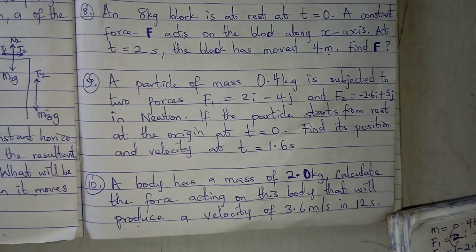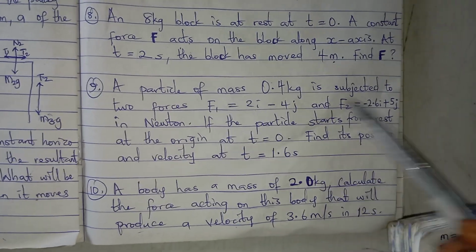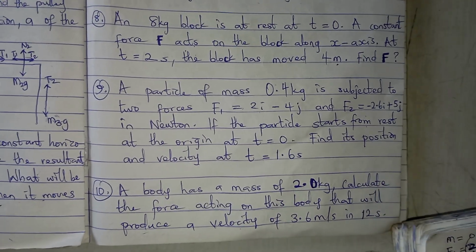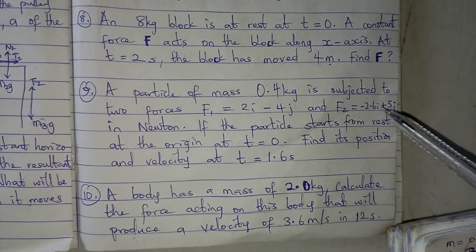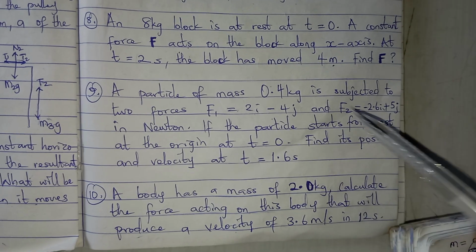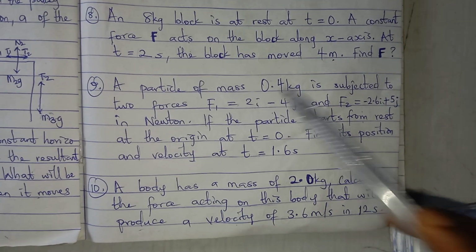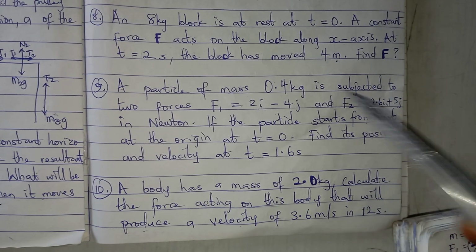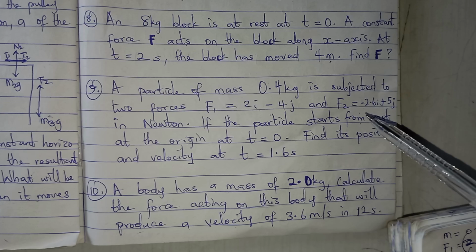All right. So what this thing means is simply they have given me vectors. They gave me vector here, gave me vector here. And we know that the way to add or subtract vectors at the end of the day is to first resolve each one. i means x, j is for y.